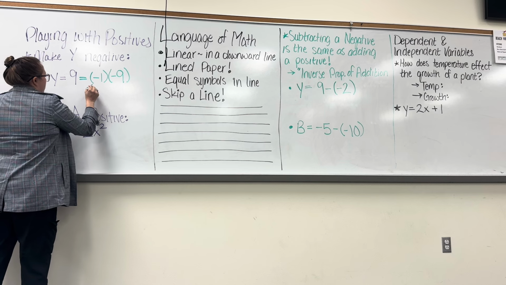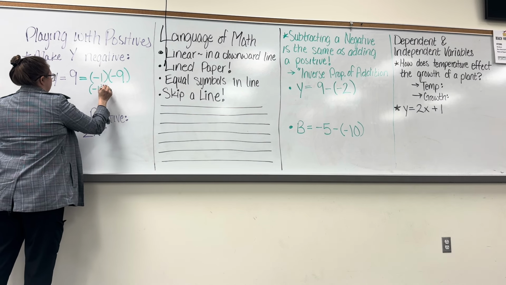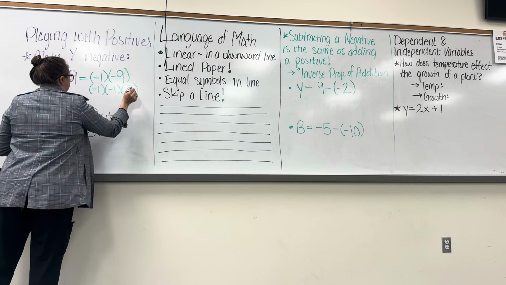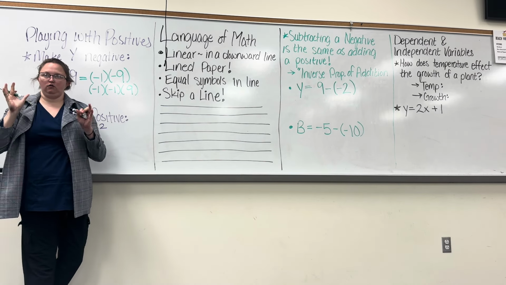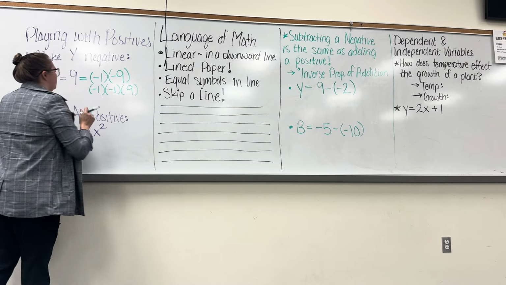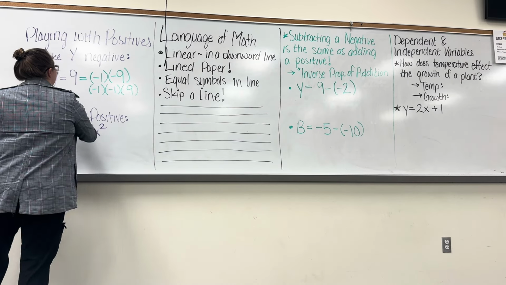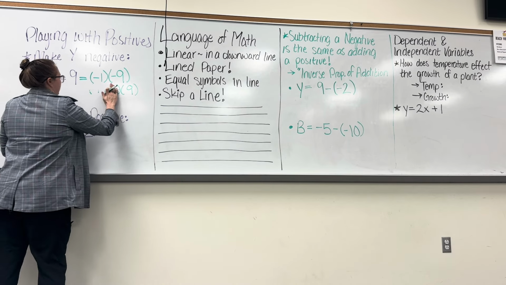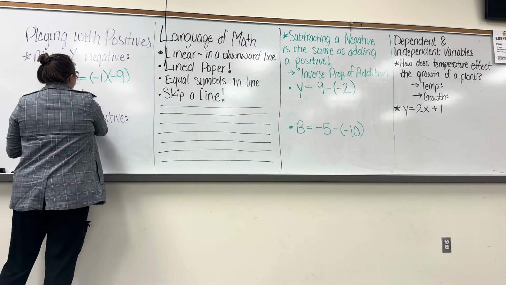It just depends on how you felt about the last lesson. Either one works, okay? For right now, for my purposes, we're going to go with -1 and -9, okay?